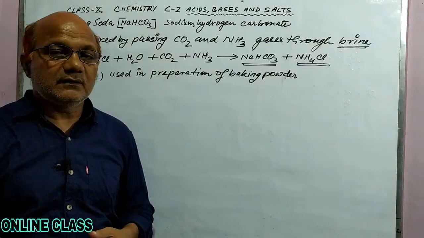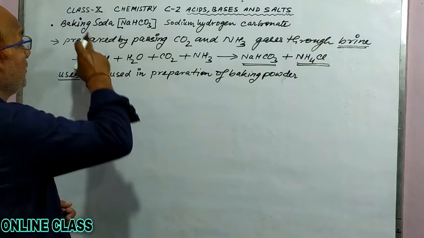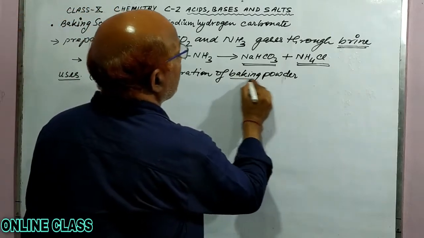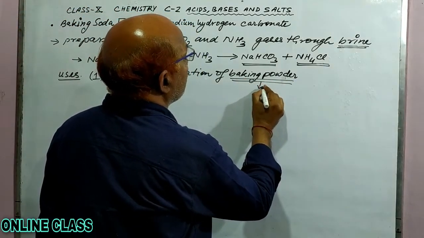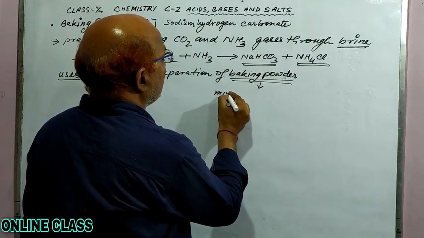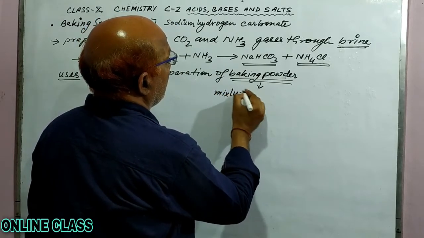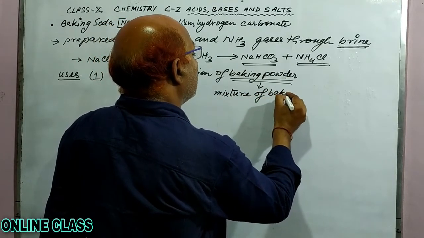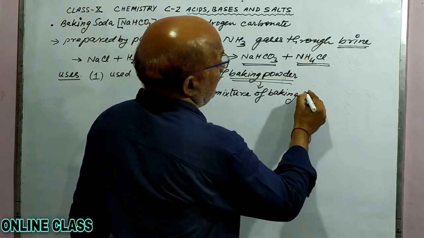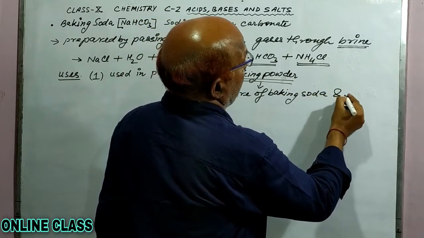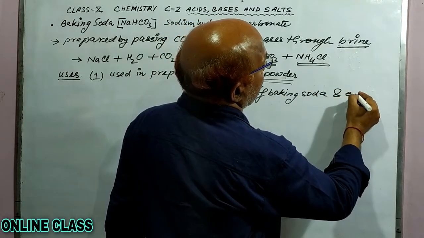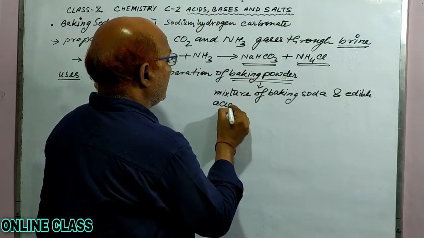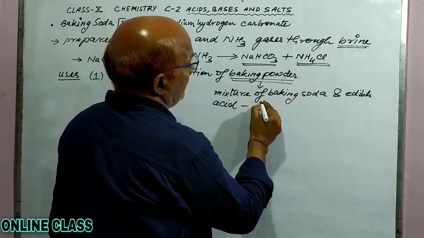So, what is baking powder? How it is prepared? From baking soda. Actually, baking powder, it is mixture of baking soda and some edible acid like tartaric acid.